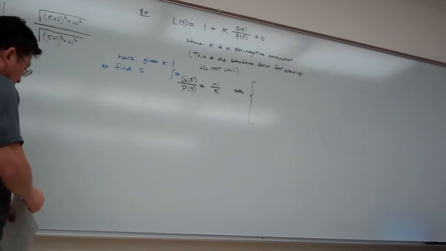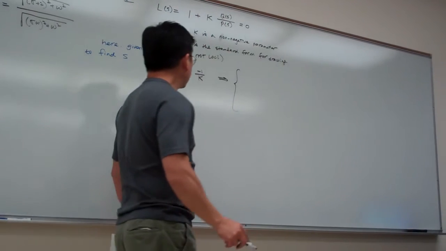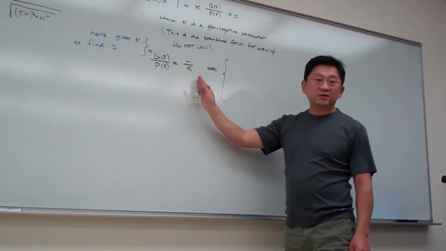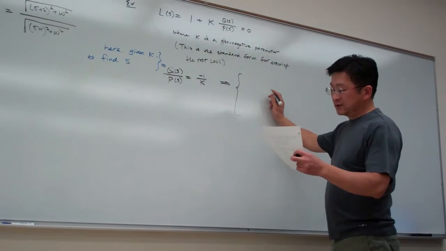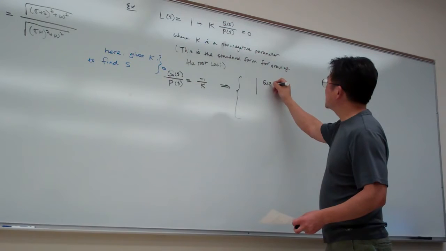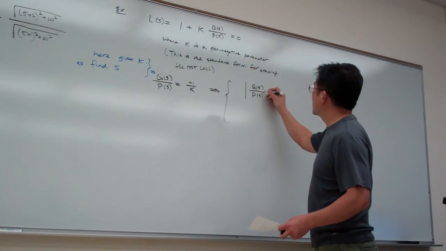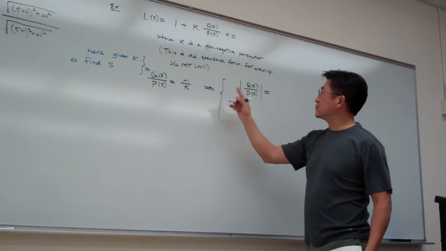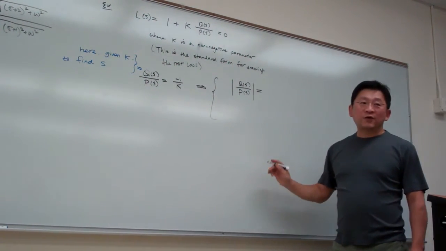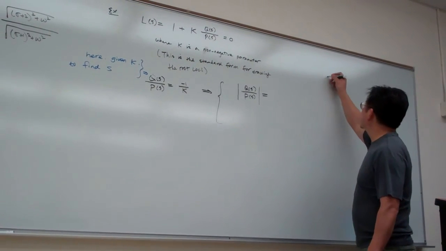Okay, so in this way we are given the value of k, and we're going to find S. That means we have to guarantee the magnitudes on both sides must be equal, so the magnitude on the left-hand side must equal the magnitude on the right-hand side.